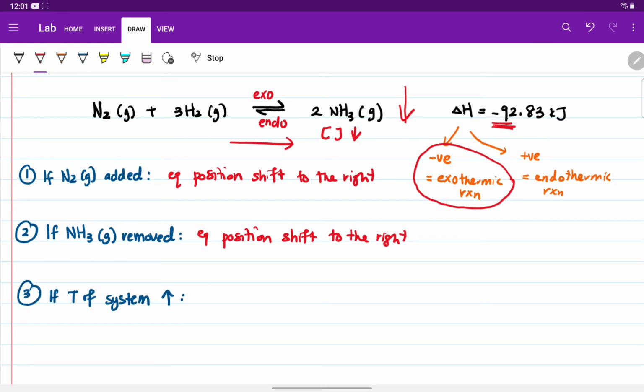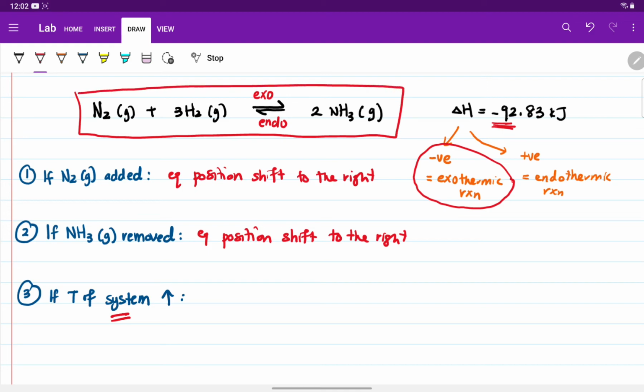Okay. Yang seterusnya adalah if temperature of a system is increased. Okay. Sebelum saya go further untuk example ni, bila dia kata temperature of the system dekat sini, apa yang awak kena faham adalah the whole thing, N2, H2 dan NH3, semua ni dia berada dalam satu bekas yang sama.